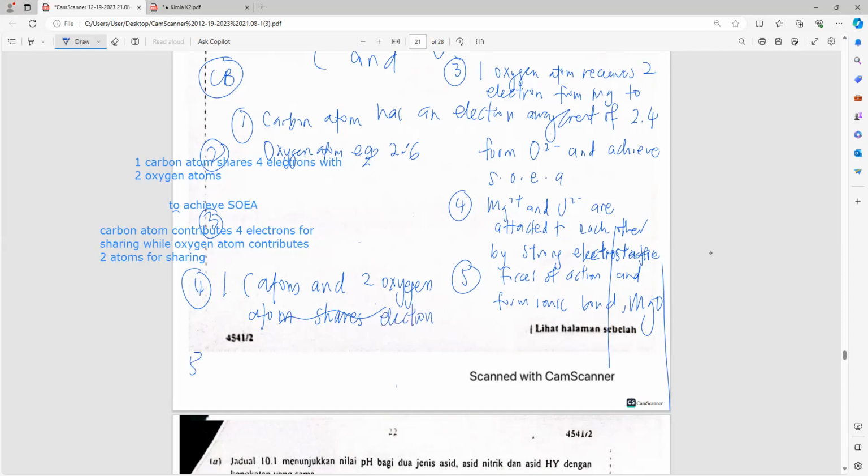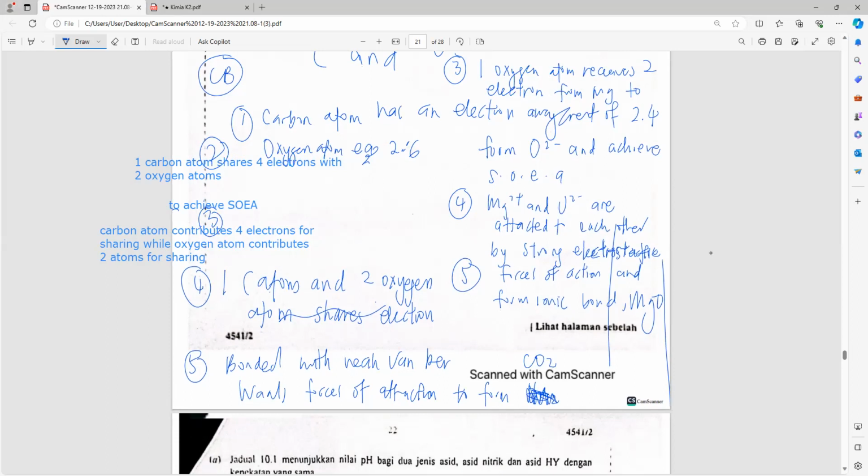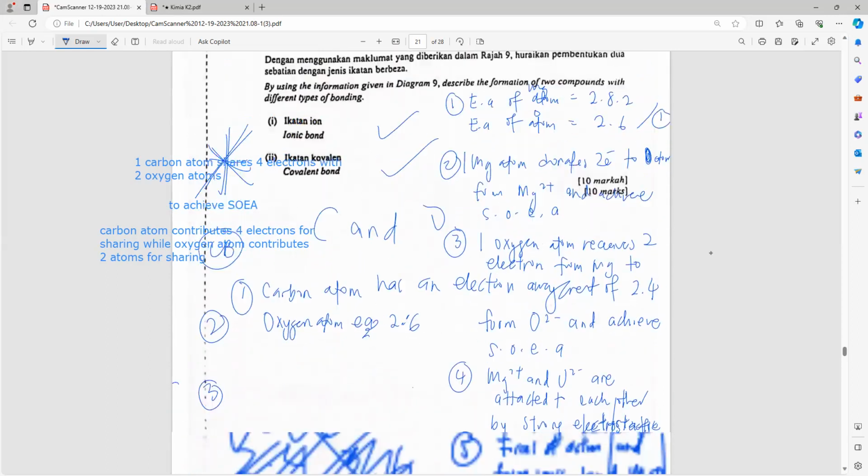Your 5th mark. Okay, they are bonded with each other with weak van der Waals forces of attraction to form CO2.